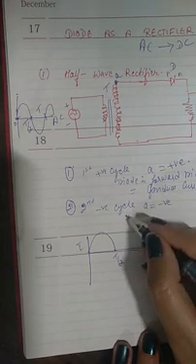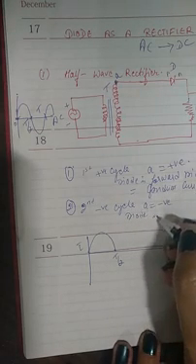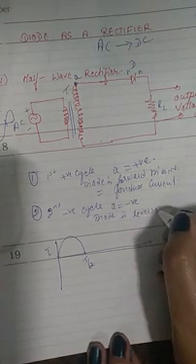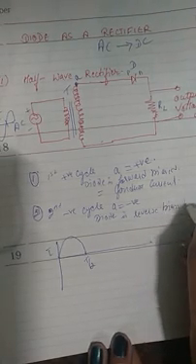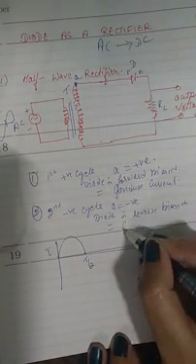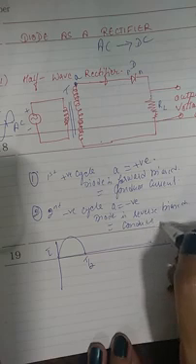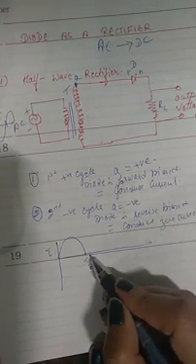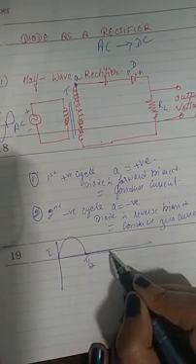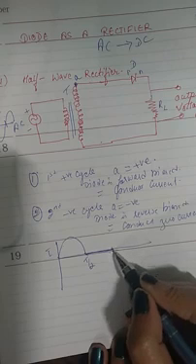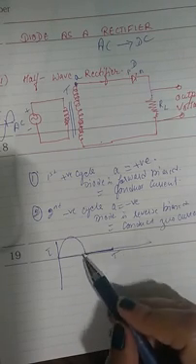The diode is reverse biased. In reverse biasing, there will be no current, so it will conduct zero current. So during reverse biasing, the current will be 0. So this point, instead of going down, the current will be 0. This is T. This is one cycle.